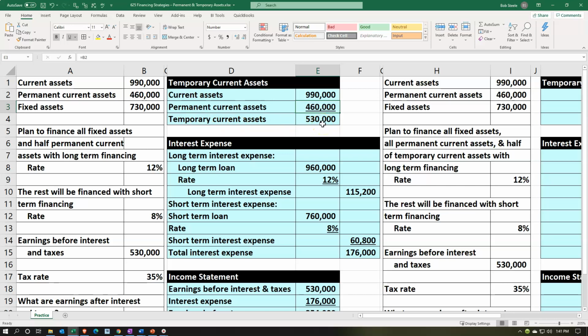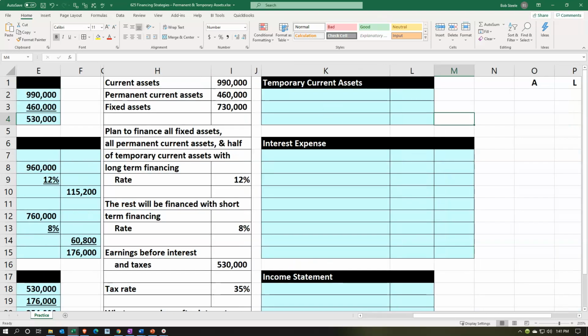But again, if we want to be more conservative or less aggressive, then we can say that I'm going to take up more with the fixed loan here and lock down the rate and possibly have a longer term on the loan, even though I think that some of these assets are temporary and may go away, and therefore the financing might not be needed once that happens. So that's just going to be a judgment call.